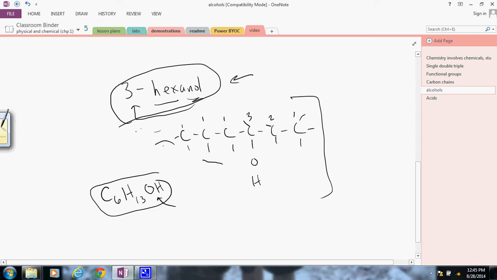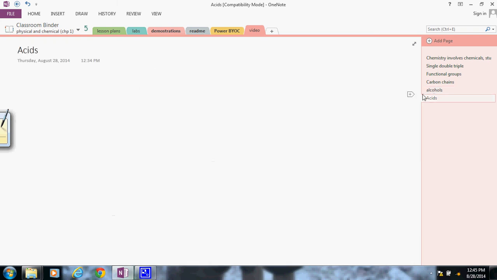An acid. Now again, we haven't dealt too much with acids yet. You probably have some idea what an acid is, but we're looking at what's called an organic acid. Now, an organic acid has this functional group on it.